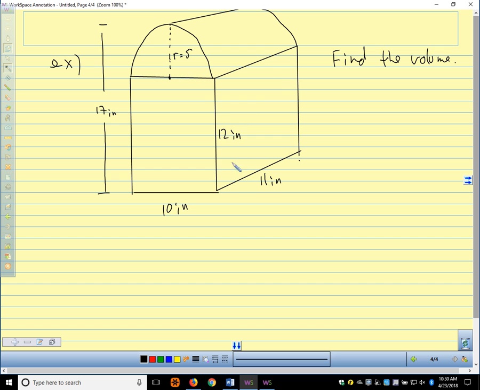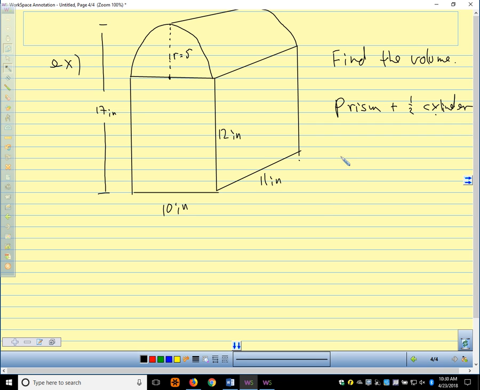Right. So what we have here is a rectangular prism plus a half a cylinder. So we've taken a half a cylinder and put it on top of our rectangular prism.